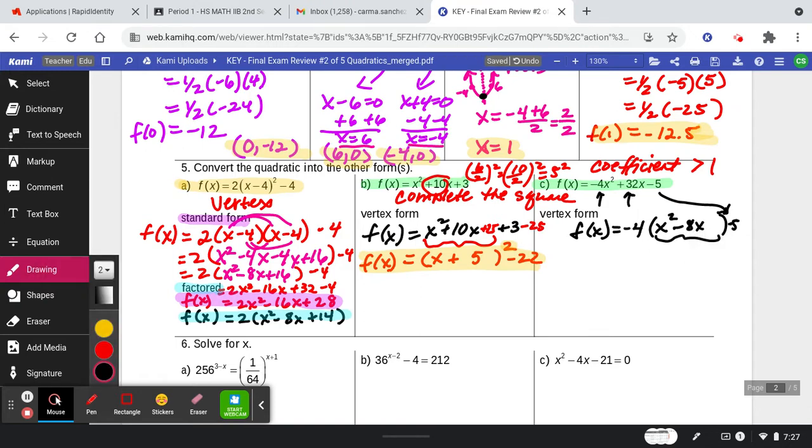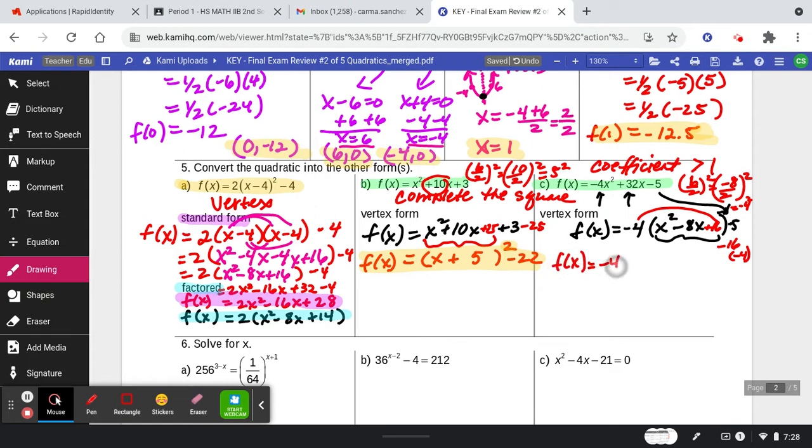Half of -8, here let's go do our b work. B over 2 squared is -8 over 2, which is -4 squared. So I'm going to be adding 16 and subtracting 16, but it's not just 16 one times, it's 16 -4 times. So my next row goes f of x equals -4.